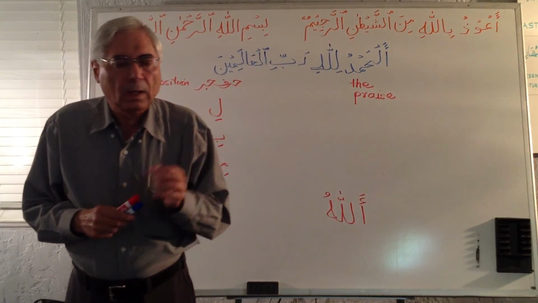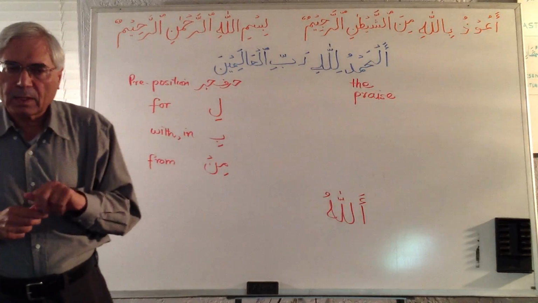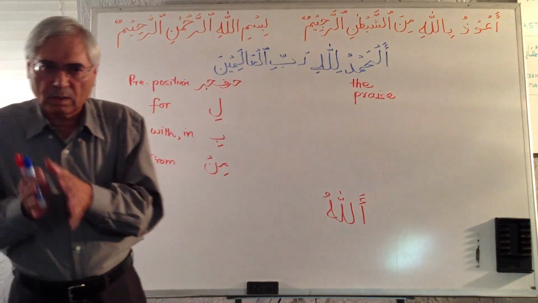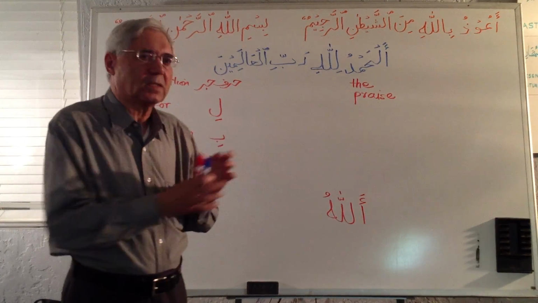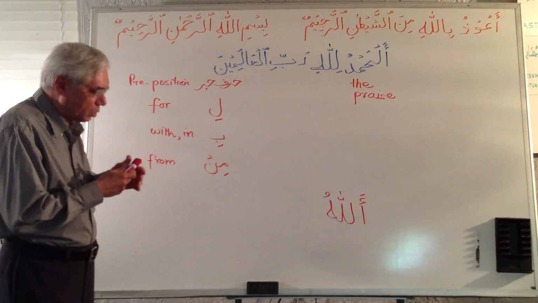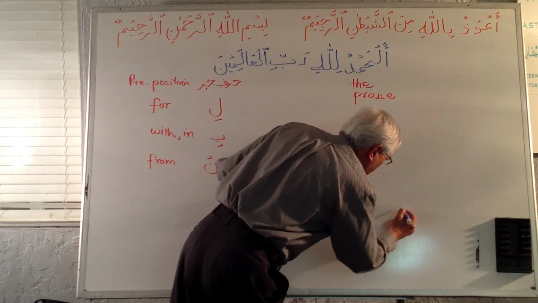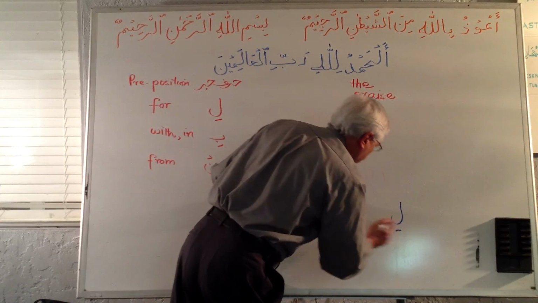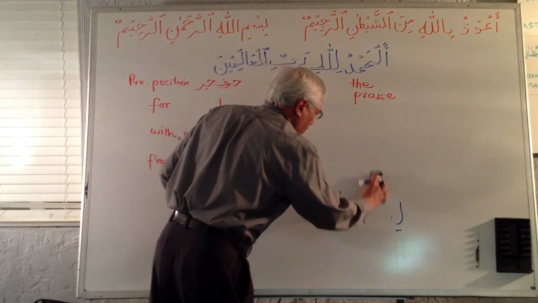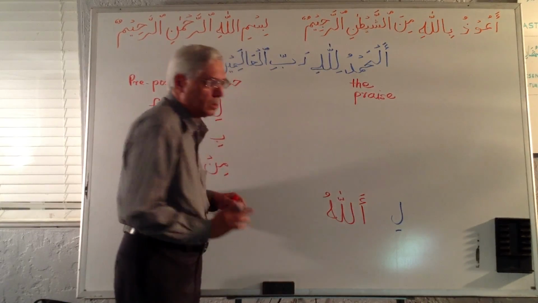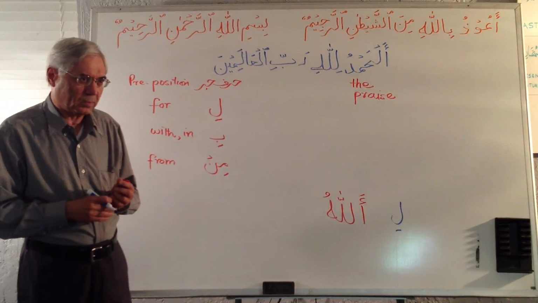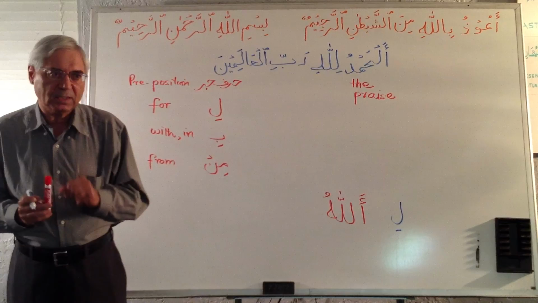Okay? But as I said, in Arabic, each word has some effect on the next word. So let's do that. If I take Allahu and put a li before that, then the alif will not be pronounced. There are many changes that will take place. Not one, but many changes will take place.